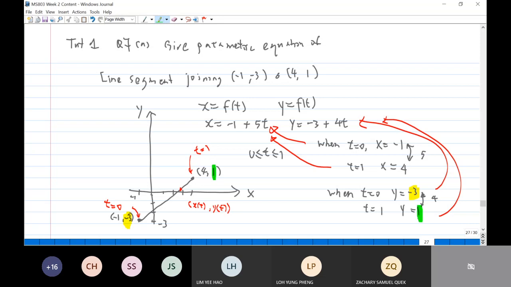Right? When t equals 0, your x is -1. Yes. Okay? When t equals 1, your x is 4. Okay, so that's how you get the parametric equation.